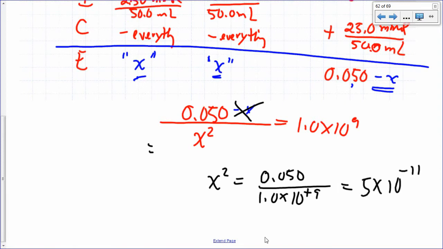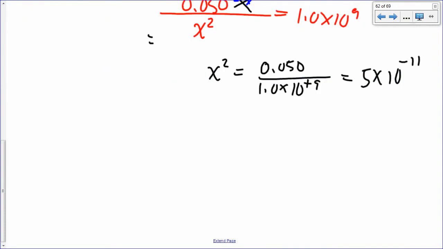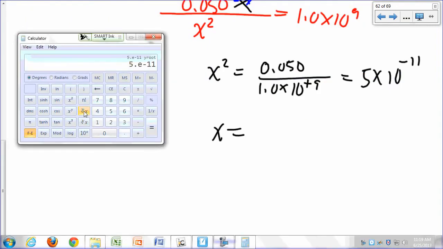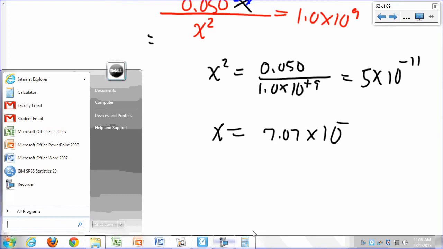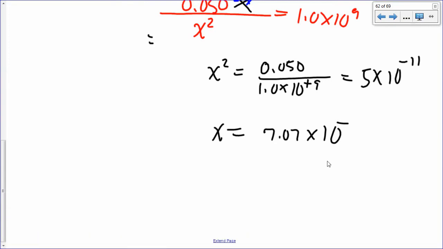And so x will just be equal to the square root of that, 7.07 times 10 to the negative 6. Let's keep an extra digit there.